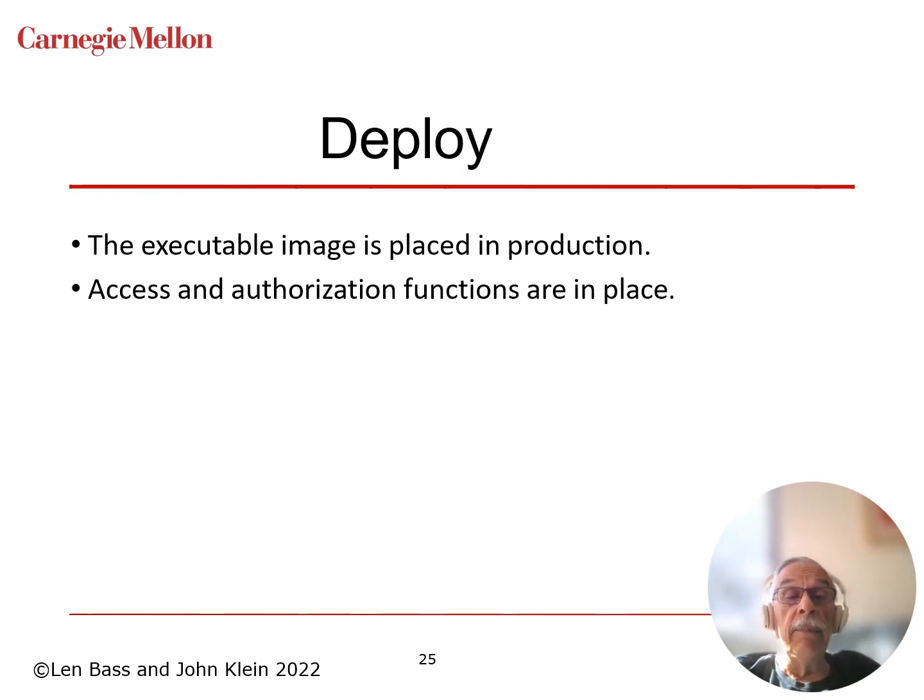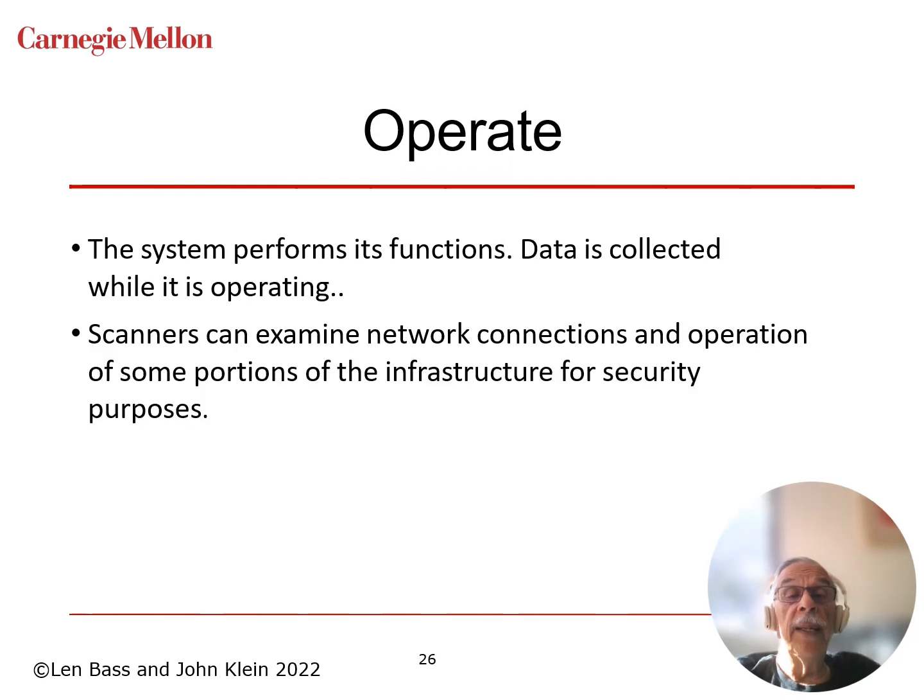Access and authorization functions are in place. And then you operate the system. Users access it, the system performs its functions. You collect data about its operation. That's the important thing. You can also look at the network connections and their operations to test for security issues.